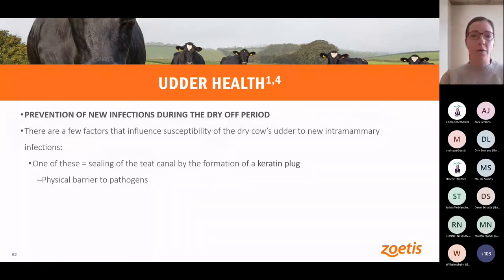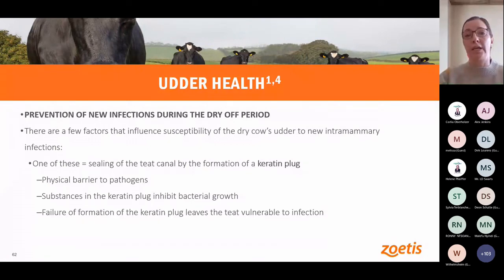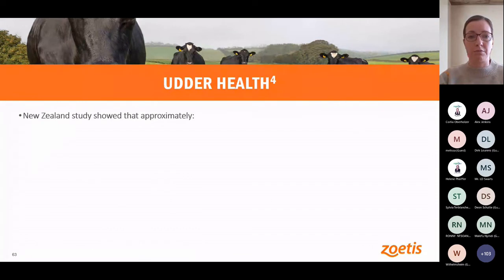All right, and how we protect the udder during the dry period, one of these is by sealing that teat canal with the formation of the keratin plug that I spoke about at the beginning of my presentation. Then this keratin plug is a physical barrier, and it also contains bacteriostatic components. All right, so if that keratin plug does not form, it actually can leave the teat quite vulnerable to infection. All right.